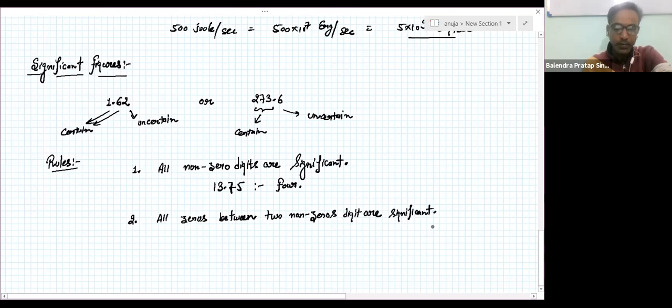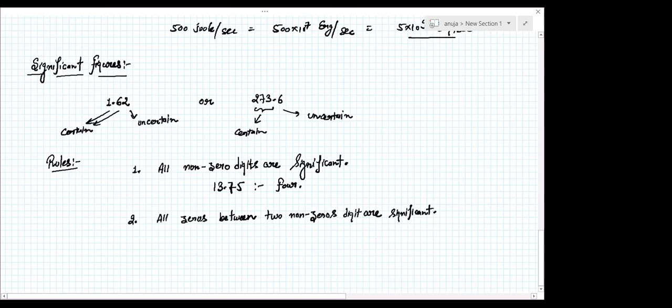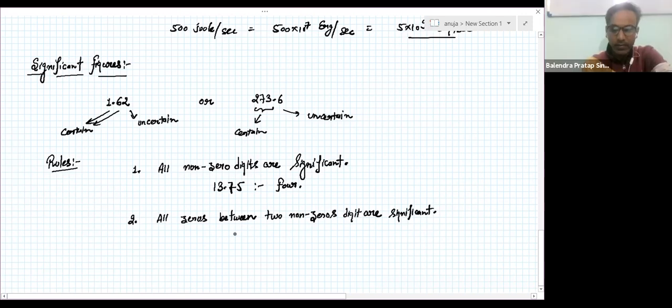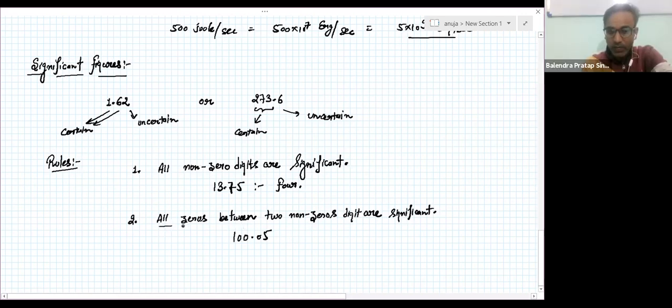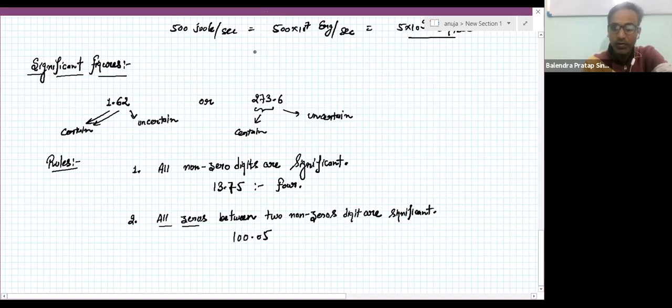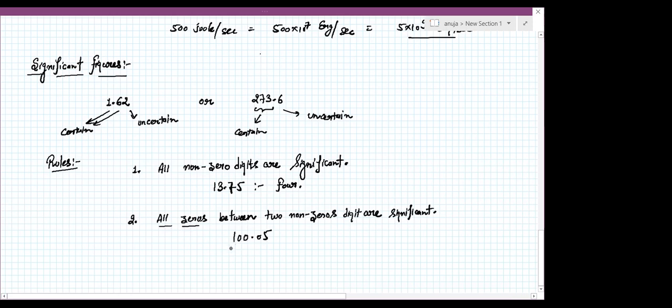Suppose I take an example, 100.05. How many significant digits here? I'm saying take all zeros between two non-zeros. Here 1 and 5 are non-zero.